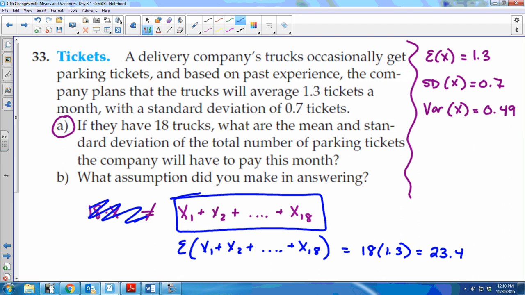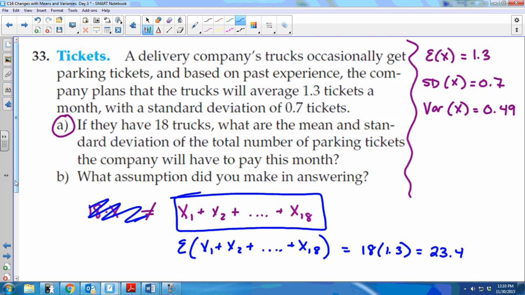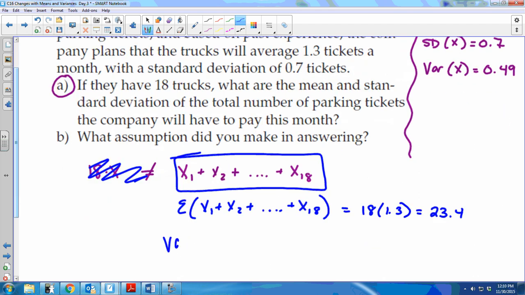Now, for the variance, again, I have to think about this way. If we're doing the variance of 18 individual trucks, because we can't combine standard deviations, we can only combine variances, I can just go through and add the variances. So it'd be 0.49, 18 times.